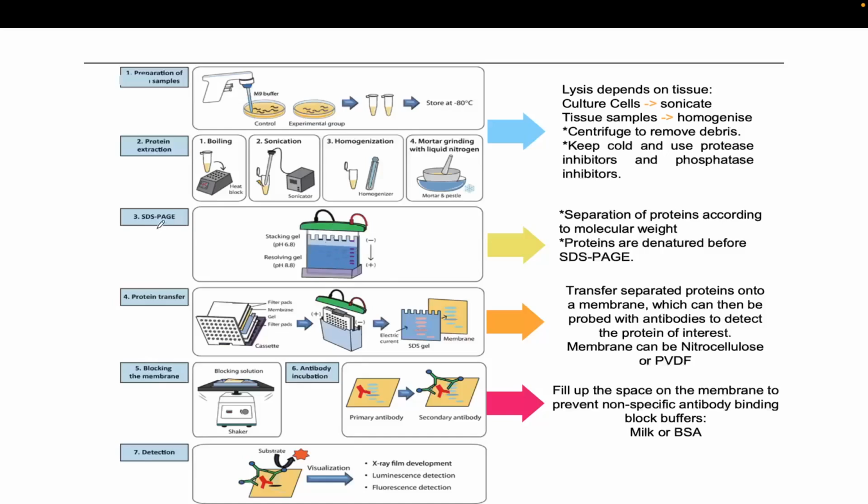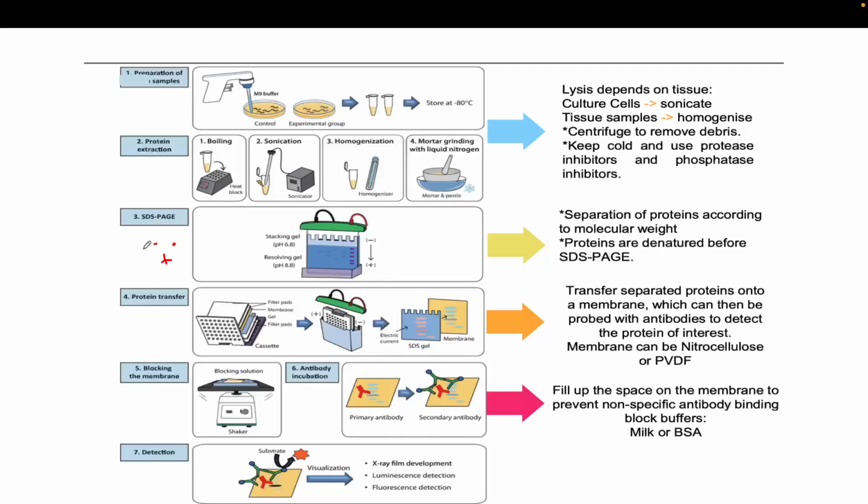SDS-PAGE is sodium dodecyl sulfate polyacrylamide gel electrophoresis. Here, some proteins have a negative charge, some are neutral, and some have a positive charge, so there is no uniformity. The polyacrylamide gel only moves from negative to positive charge.